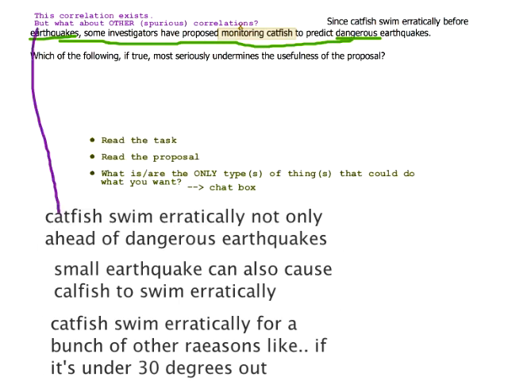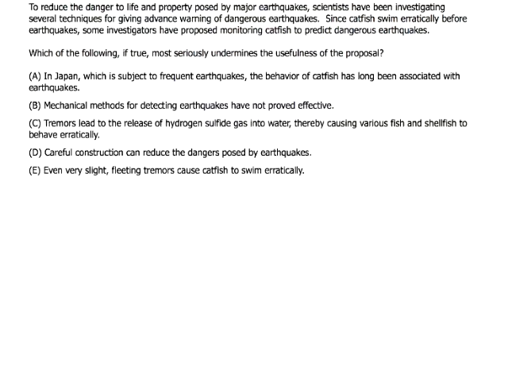There's definitely a correlation. So the only way to make this lose its predictive value is if they swim erratically at all sorts of other times as well. It could be earthquakes of insignificant magnitude, or it could be other things altogether. But that's the only way that this would have a compromised value as a plan.